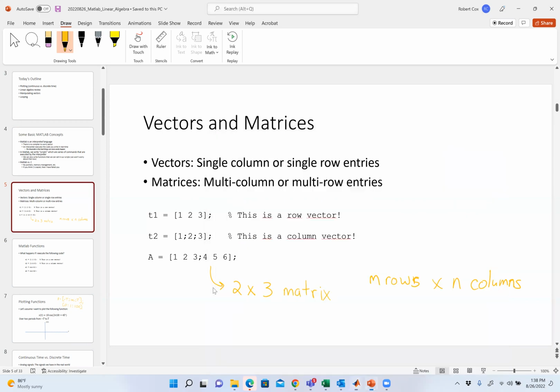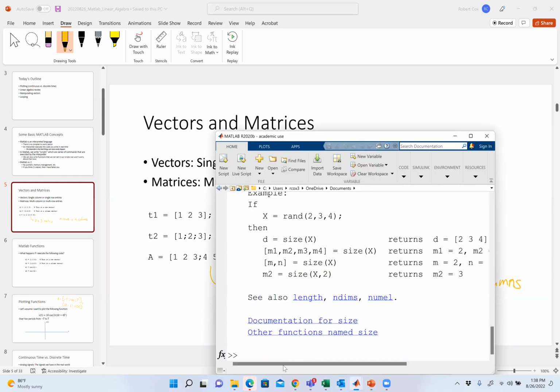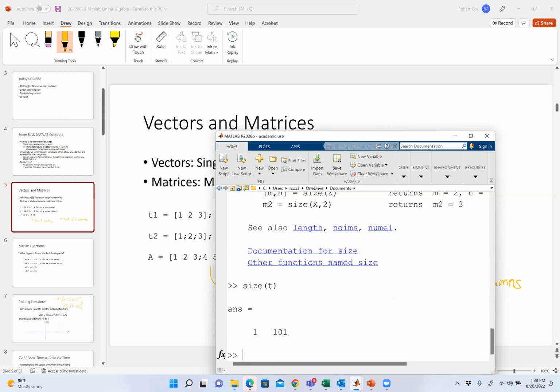So the command that I ran here was specifically size of t, and it said 1 by 101. So what does that tell me about that t vector? 1 row, 101 columns.